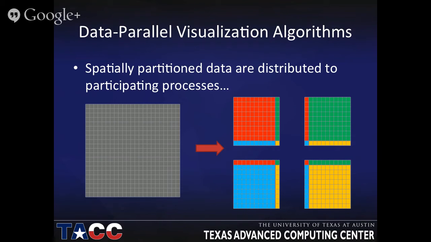And ghost zones are essentially cells that are borrowed from our neighbor. So these cells here are copied here. And that means if I want to compute what's happening right there on the face of my partition, all the data that may be pertinent to it is available.